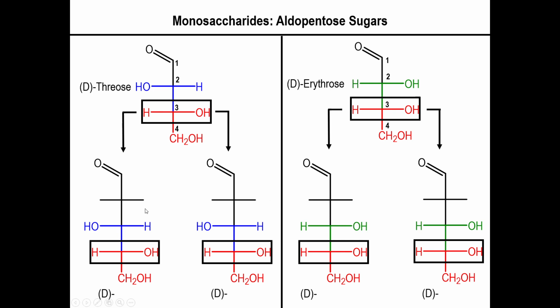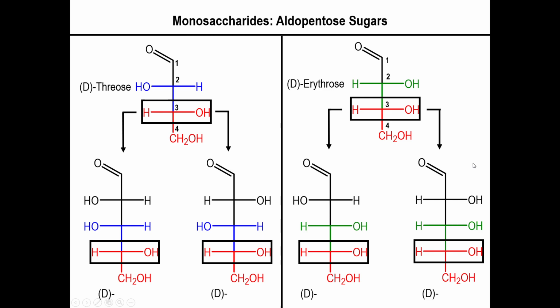So really the only thing you have to do is for carbon 2, you will have to have in one instance hydroxyl to the left. This will be true for the threose derivative as well as the erythrose derivative. And on the other instance, you will have to have that OH pointing towards the right side. Okay, and then if you look carefully, you should realize that all four of these variants are in fact different molecules.